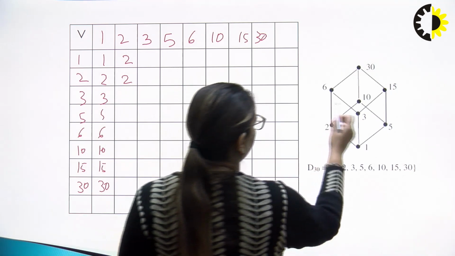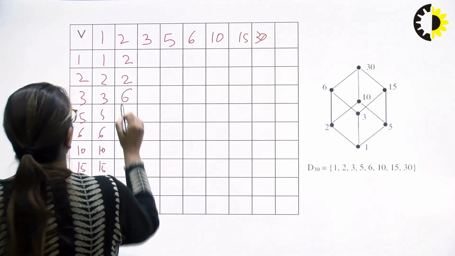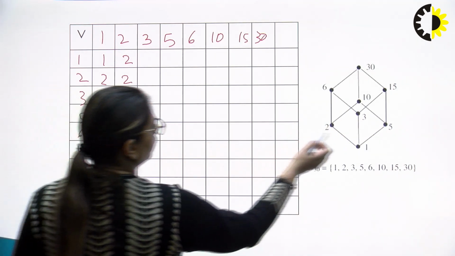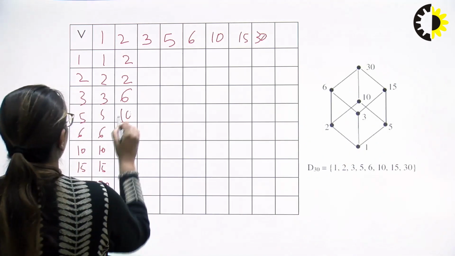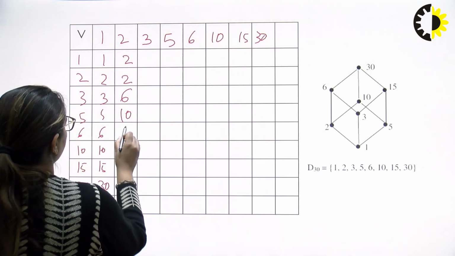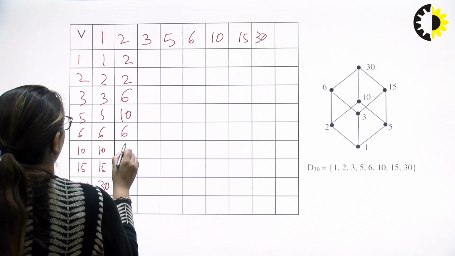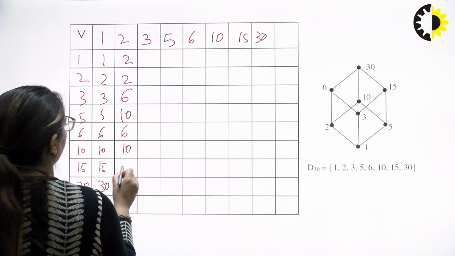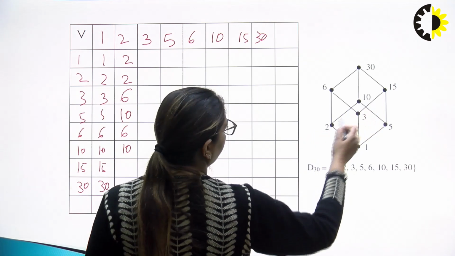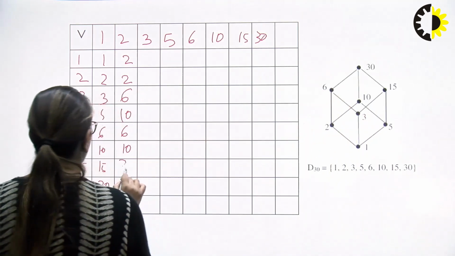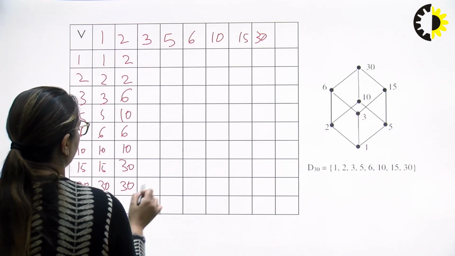See here, 2 and 3, it is joining 6. 5 and 2, it is joining 10. 6 and 2, it is 6, it is 10, 15, 15 and 2, it is 30, 30 and 30, 30, right?